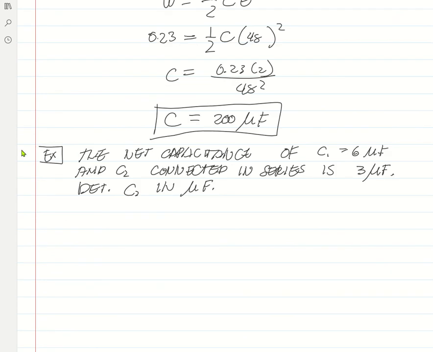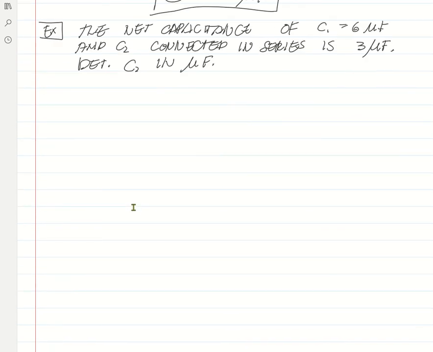Another example here. The net capacitance of C1, which is equal to 6 microfarad, and C2, that are connected in series, is 3 microfarad. Now, determine the capacitance C2 in microfarad. So we take note, this is in series. If we are in series, what's the formula for the net capacitance or total capacitance?